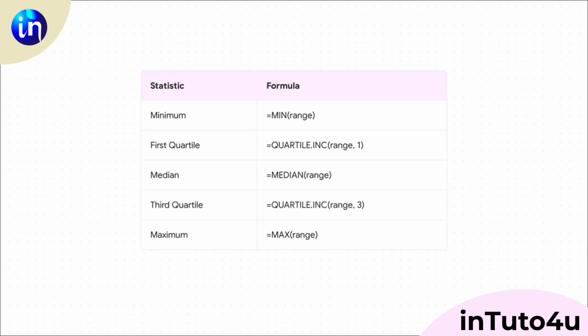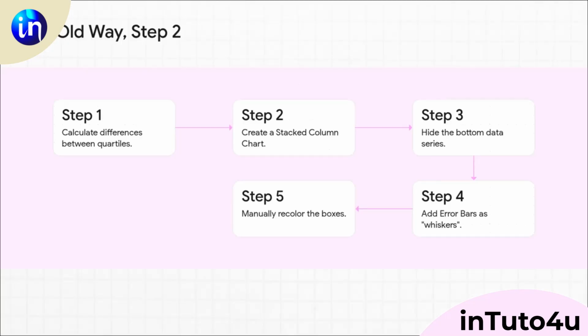You had to create an entire separate table just to get the numbers you needed to even begin making the chart. And it didn't stop there. Oh no, you then had to calculate the differences between those numbers, create a stacked column chart, make the bottom part of the stack invisible, add error bars to fake the whiskers, and then manually format the whole thing. It was a clever workaround, for sure, but man, what a huge pain.